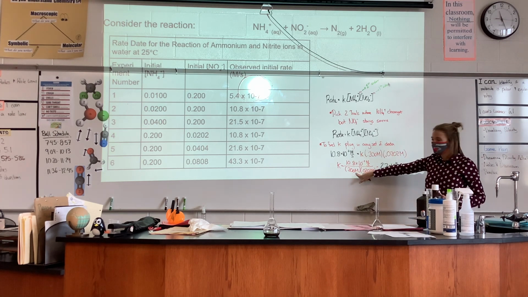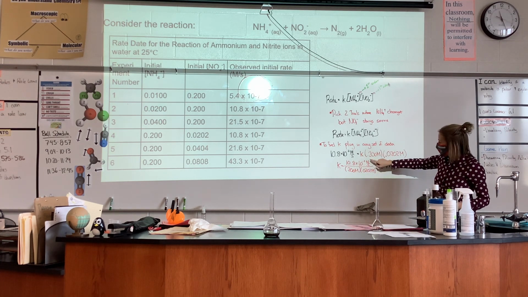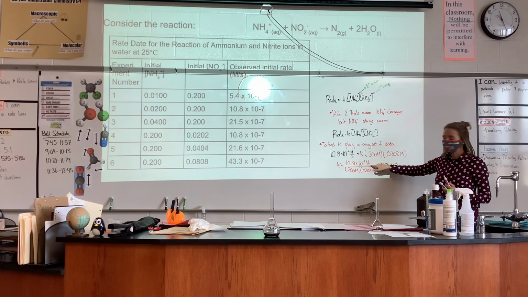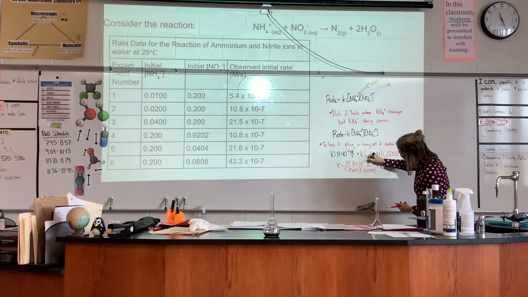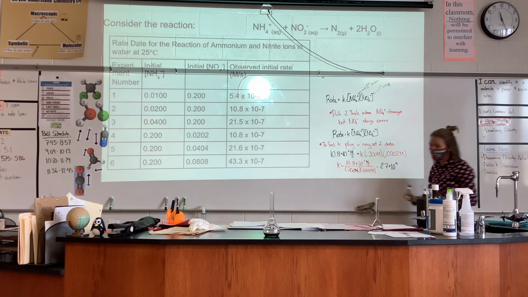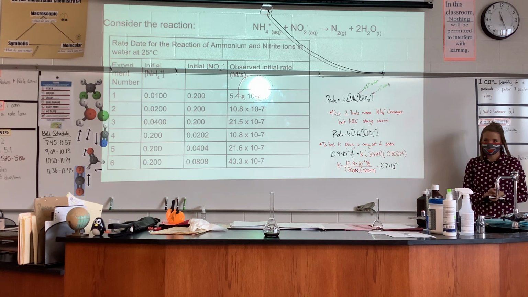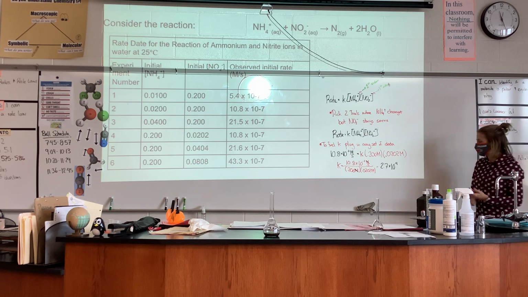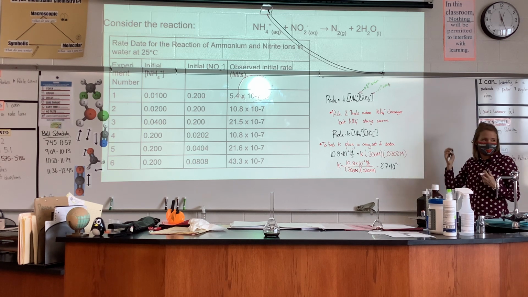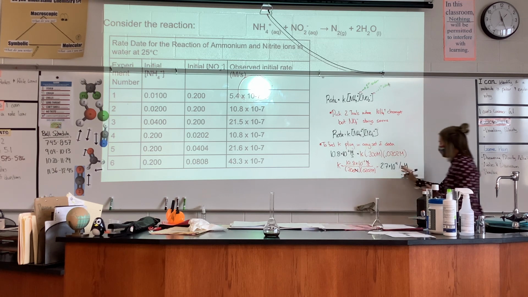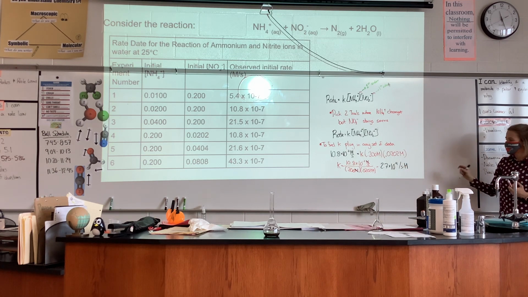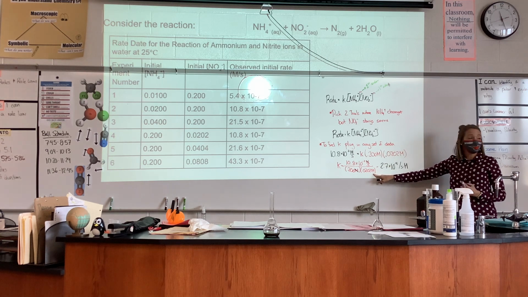So looking over here for units, this is molarity per second, and then I have molarity and molarity on the bottom. So the molarity on top can cancel with one of the molarities on the bottom. Then it's kind of a weird unit, but you have per second times molarity, because second and molarity are both on the bottom.